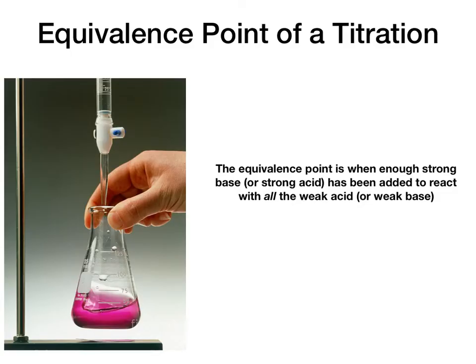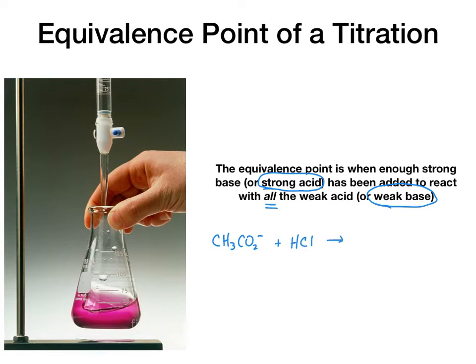So, the equivalence point of a titration is when enough strong base in our example, or strong acid in our example, has been added to react with all of the weak acid or base. In our example, we have a weak base. And so in the example that we've been walking through, we've been working with the acetate ion plus HCl.